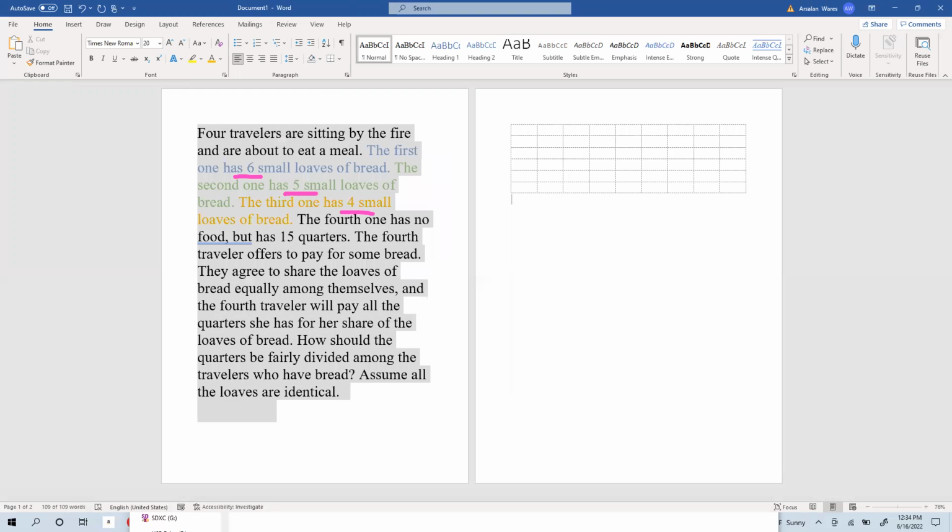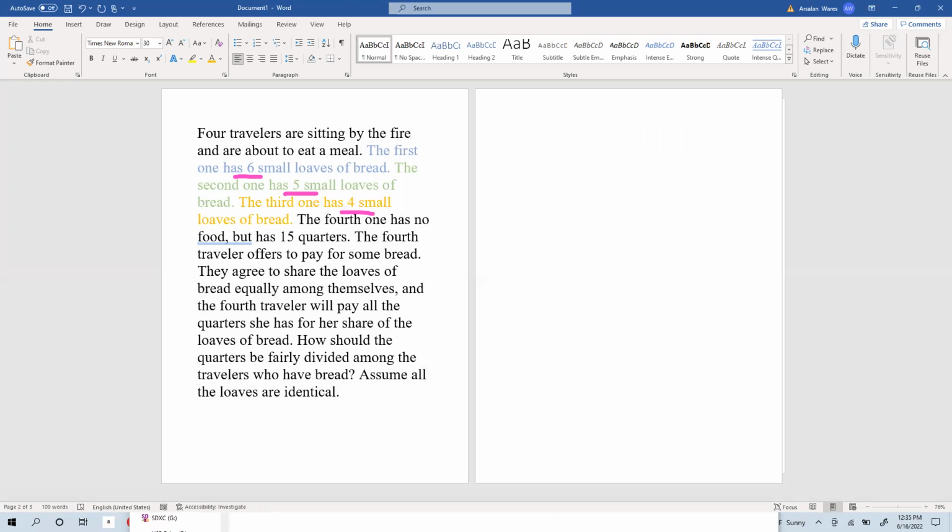Okay. So these are some of my conclusions that can be gleaned from the problem. There are 4 people, 3 of them have altogether 6 plus 5 plus 4, which is 15 loaves.